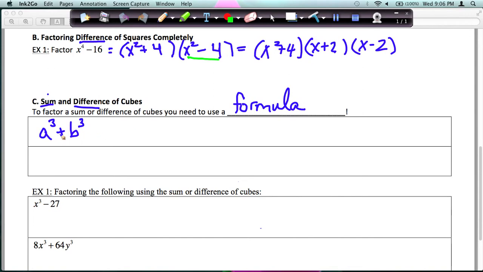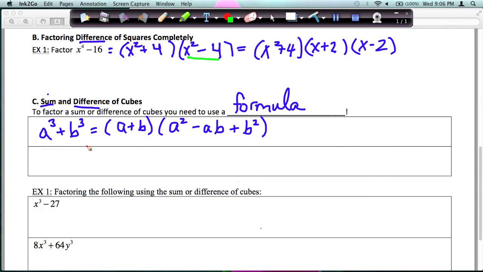So first, for a sum of cubes, a cubed plus b cubed, the way you would factor this would be a plus b times a squared minus a times b plus b squared.